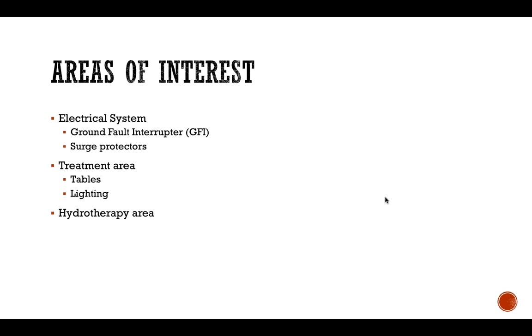If you're going to have modalities, and especially hydrotherapy modalities, it's really important that you have the proper electrical system to make sure people stay safe. Most modalities, like E-stim, ultrasound, the light therapy, usually use 110 volt, typical voltage for an outlet, or they're potentially even on batteries or something like that.